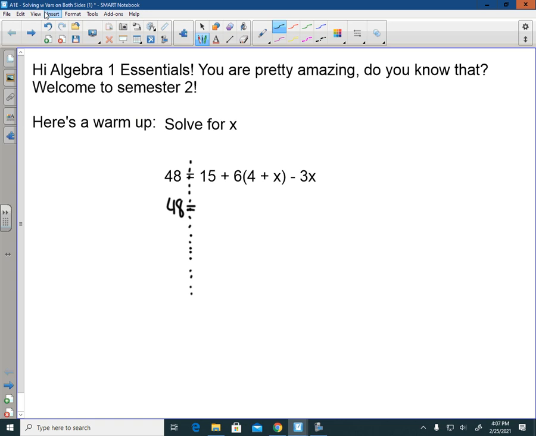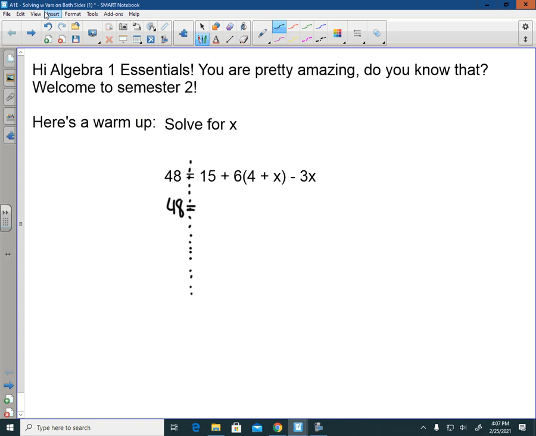As we read this part from left to right, we start with a 15. It might look like it says 15 plus 6 here, and a lot of folks will go ahead and add 15 plus 6 and then do distribution. This is not the correct way to proceed, and the reason comes from the order of operations.